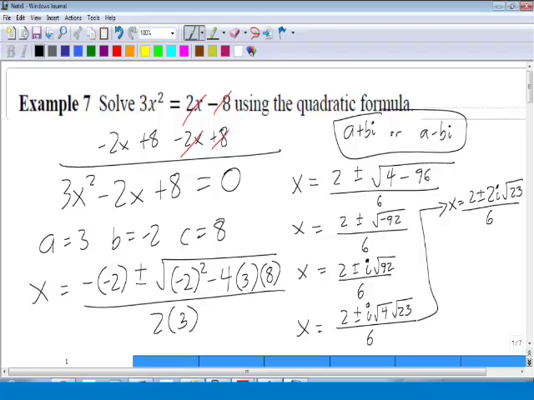Suggestion number 1, factor out the 2. We've got a common factor of 2, and there's also a factor of 2 in the denominator. So factor out the 2 in the numerator and write it as 2 times the quantity, 1 plus or minus i times the square root of 23, all over, while we're at it, let's take the 6 and write it as 2 times 3.